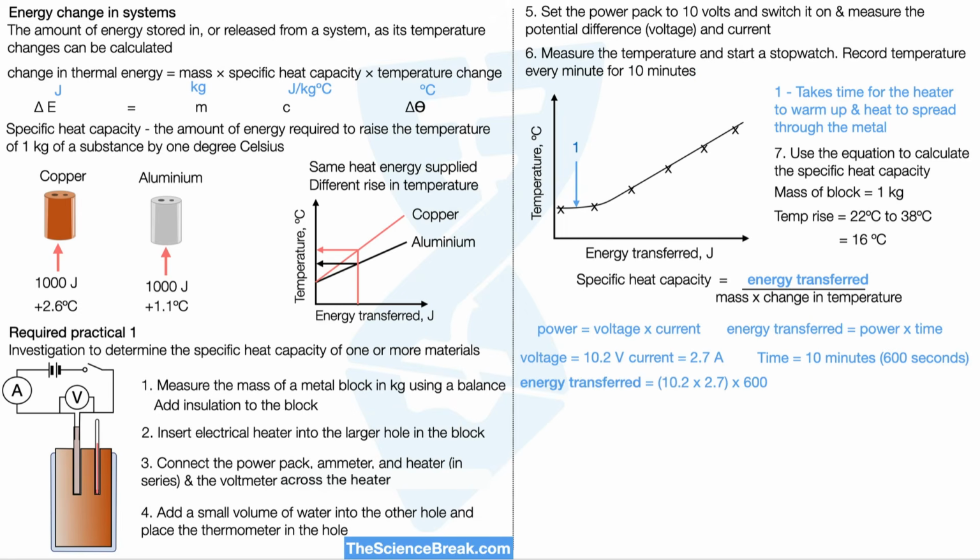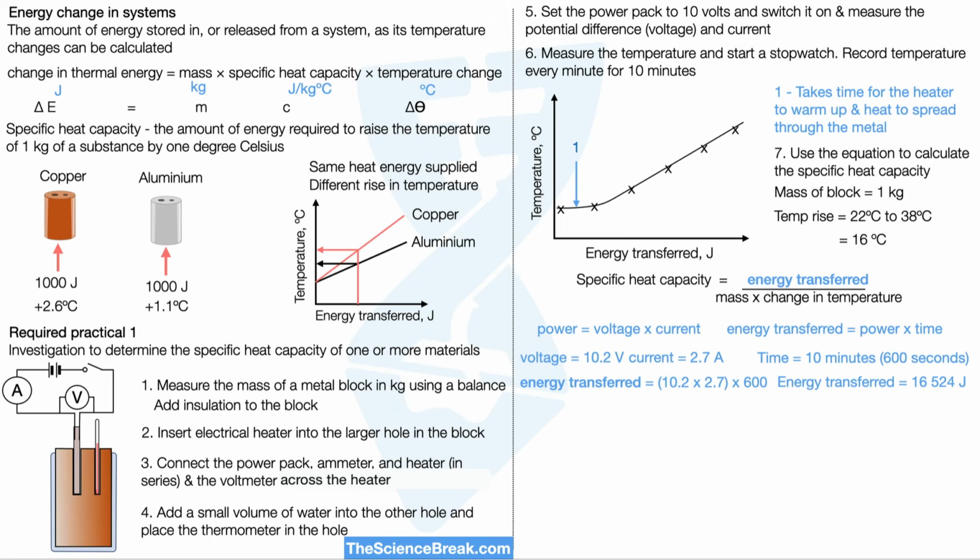So then energy transferred is voltage times current, which is 10.2 times 2.7, times time, which was 600 seconds. And that gives us energy transferred of 16,524 joules. Sometimes the experiment is simplified and done with a joule meter, which gives you the energy transferred directly, and you don't have to calculate it.